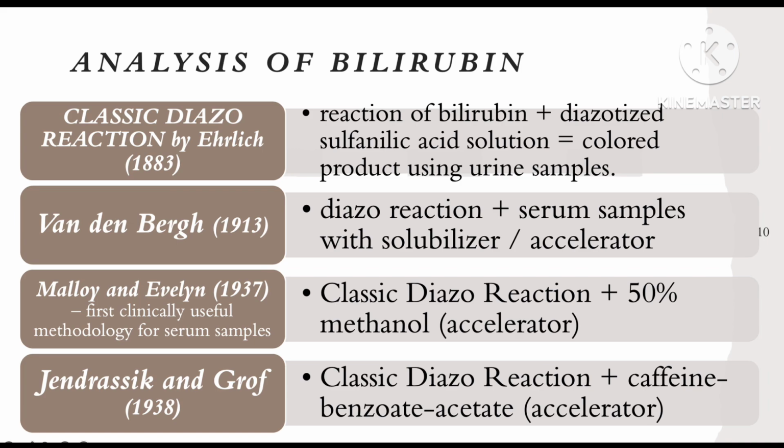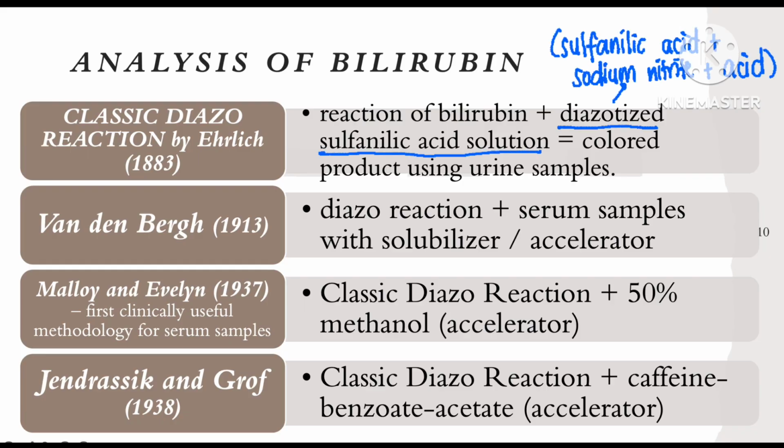As you already know, class, the earliest and most widely used principle is the diazo reaction. This classic diazo reaction by Ehrlich in the year 1883 uses the principle when bilirubin reacts with diazotized sulfonilic acid, which is, by the way, made by reacting sulfonilic acid plus sodium nitrite plus acid to form a red or purple colored compound called azobilirubin.